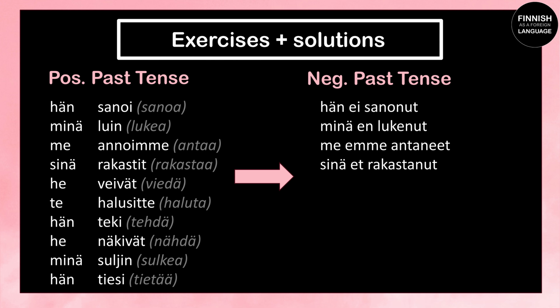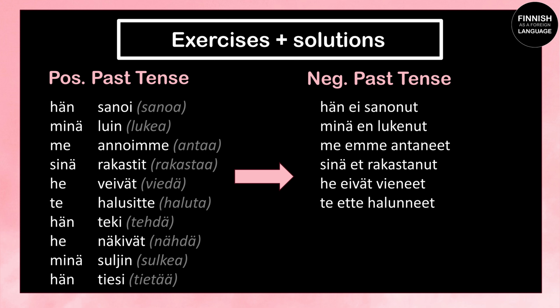Next one. He veivät. The negative imperfect is, that's right, he eivät vieneet. He eivät vieneet. Next one. Te halusitte. They wanted. The negative imperfect is, that's right, te ette halunneet.